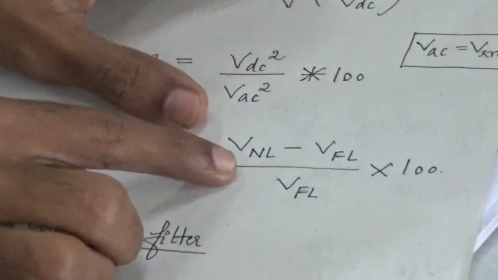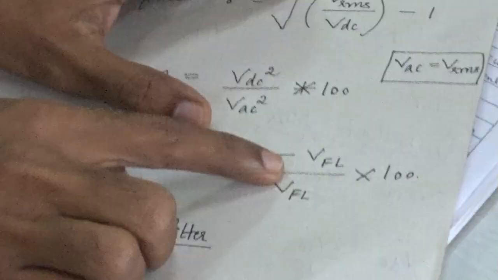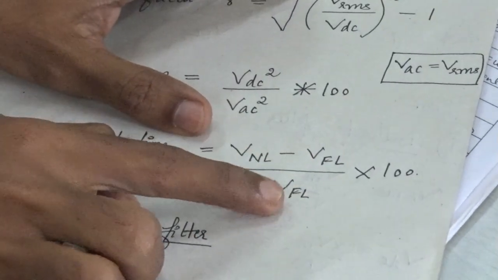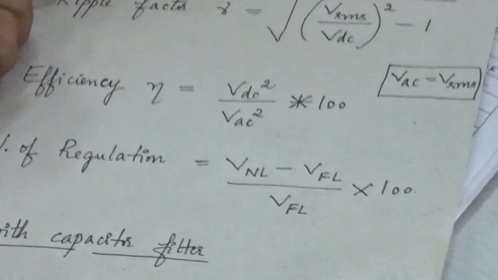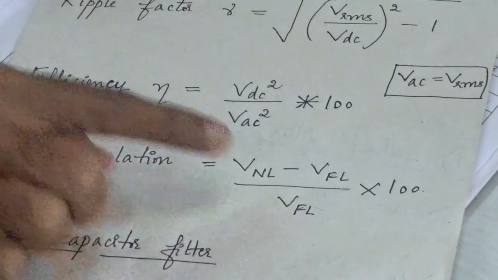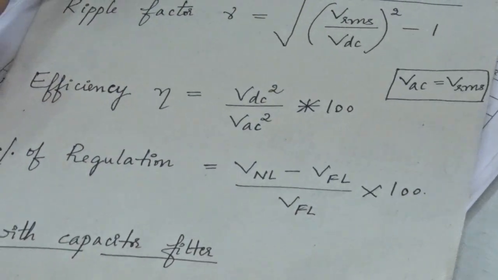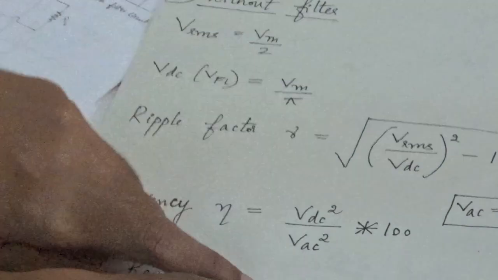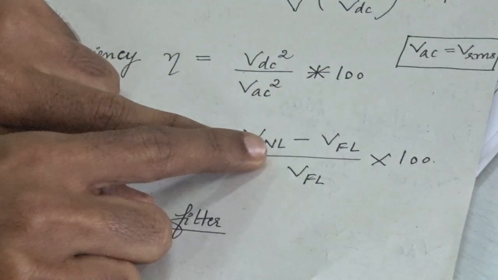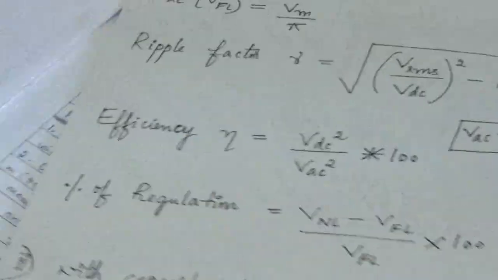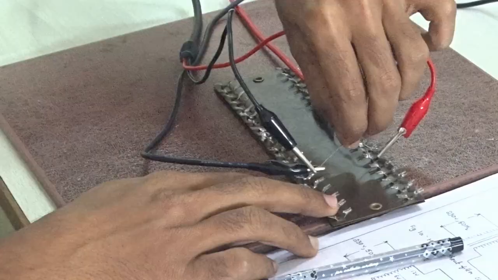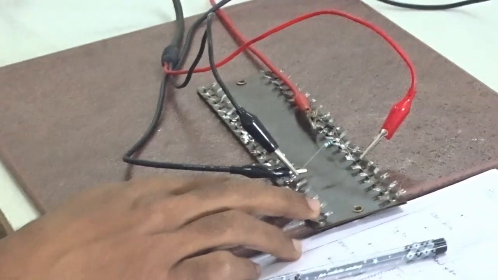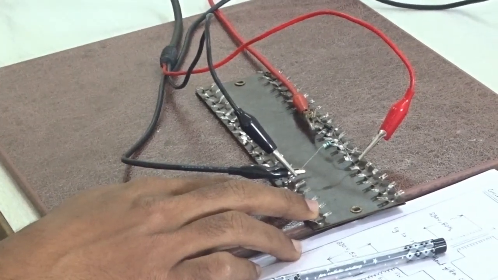The formula is no load voltage minus full load voltage divided by full load voltage. So as I said already, the full load voltage can be found out. The value of the full load voltage is same as that of a V suffix DC voltage. In order to find out the no load voltage, you need to disconnect this resistor, and then find out the voltage value in the oscilloscope.